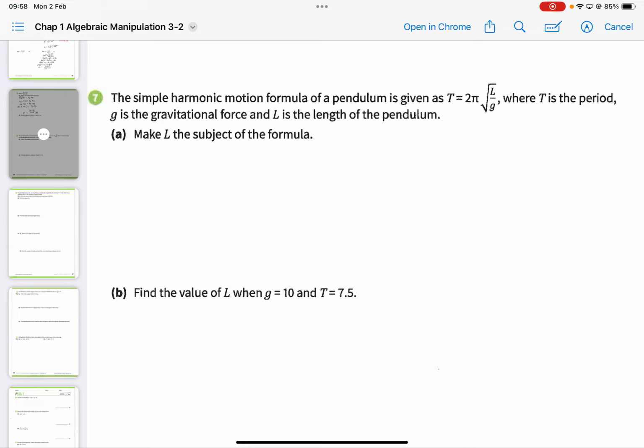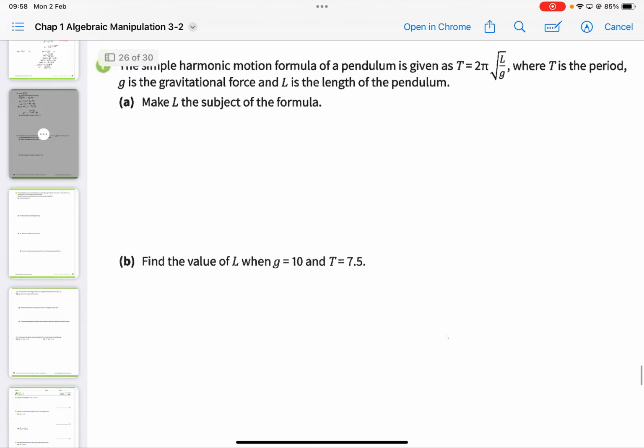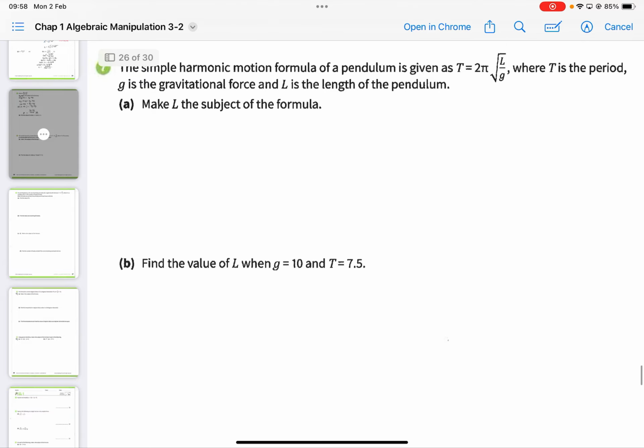What they want you to do is no change one. So you read already, whatever story they tell you, actually the task that you all need to do is no change. So if you can try. Start. Question 7. Try. Make L the subject.